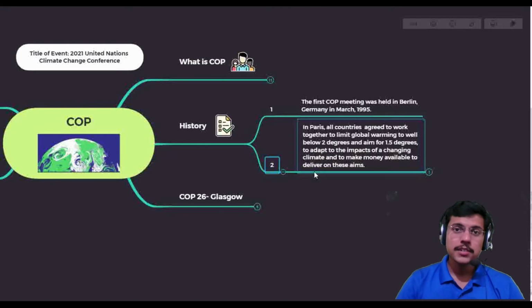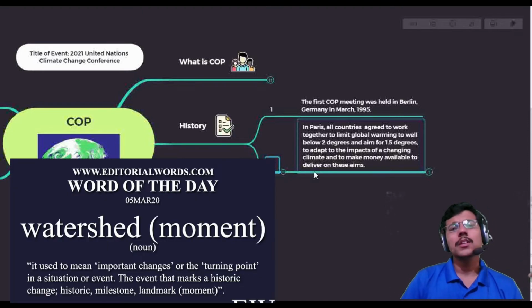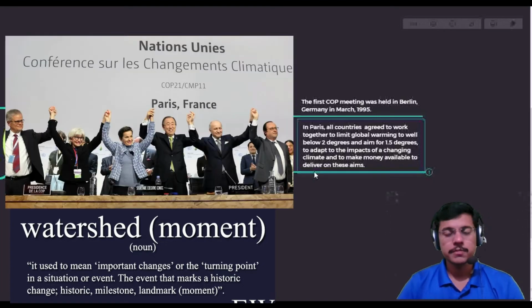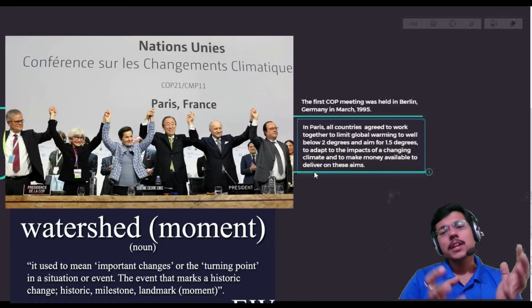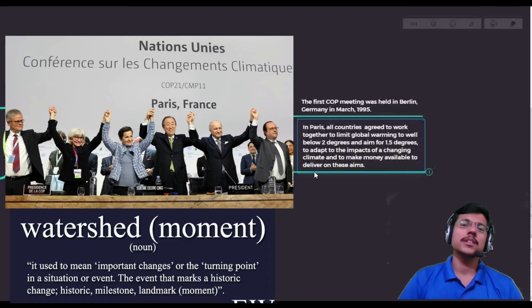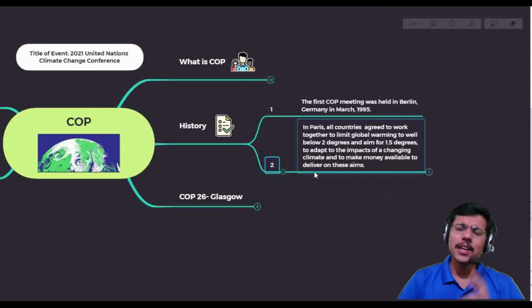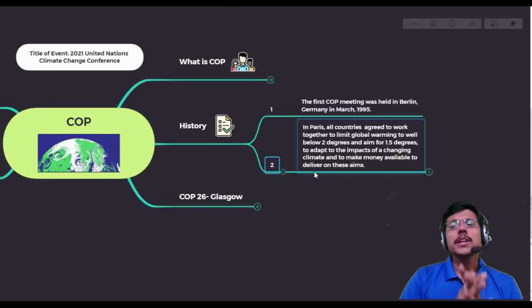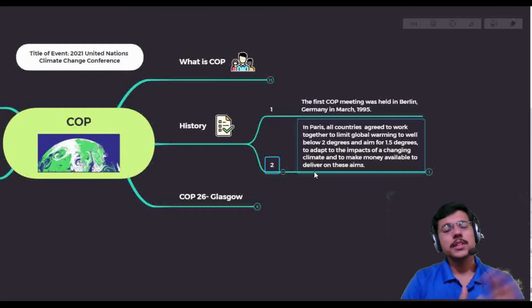The previous watershed moment for this COP and the global climate change movement was in Paris in 2015, which was COP21, where more than 195 countries agreed to work together to limit global warming to well below 2 degrees Celsius and aim for 1.5 degrees Celsius, to adapt to the impacts of changing climate and to make money available to deliver on these aims.